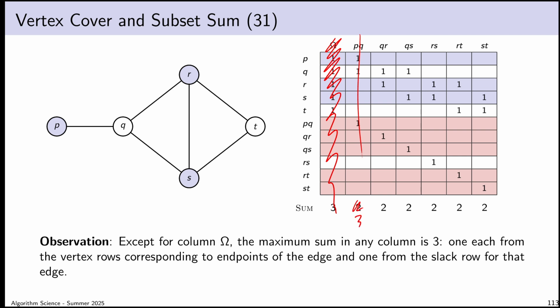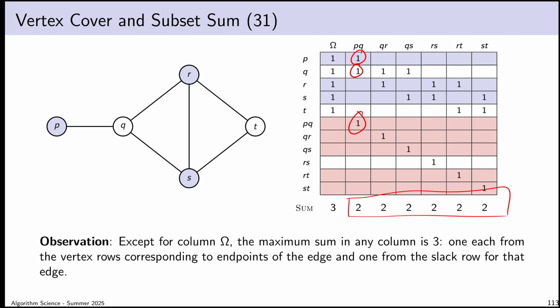It could be 3 if I select way too many rows, but it will never be 4 or 5 or anything greater than that. The reason, of course, is that you have a 1 in the 2 positions corresponding to the vertices at the endpoints of the edge, plus an extra 1 corresponding to the slack row. So the maximum value of all of these lower order positions in the sum row is 3.